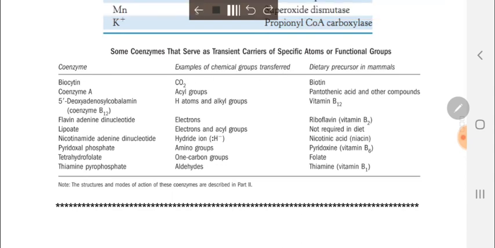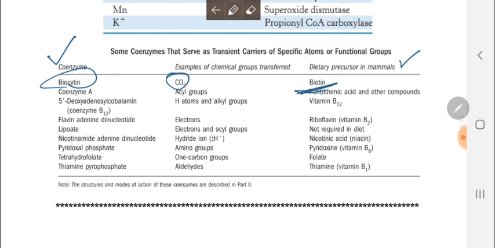So this carbon dioxide is transferred by biocytin, which is a coenzyme, and the dietary precursor of biocytin in mammals is biotin. Similarly, you have to remember this column and this column.